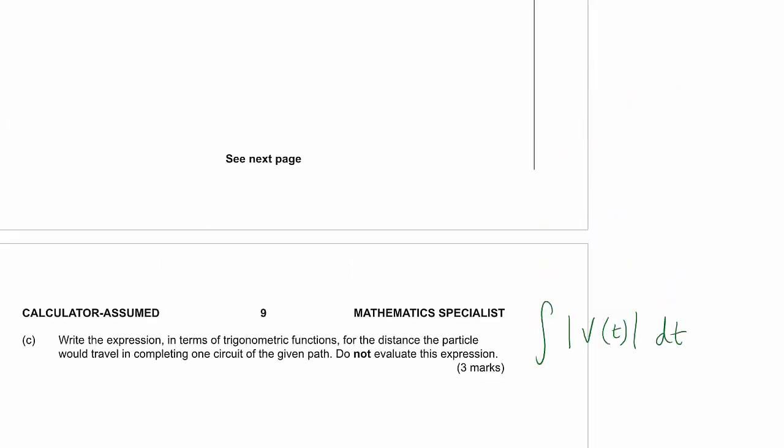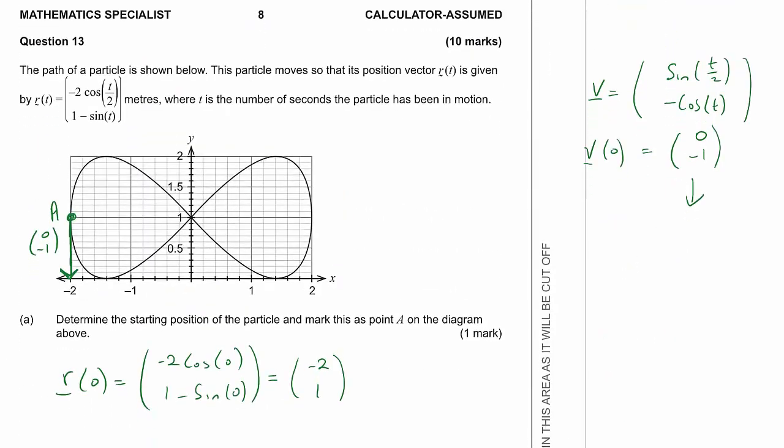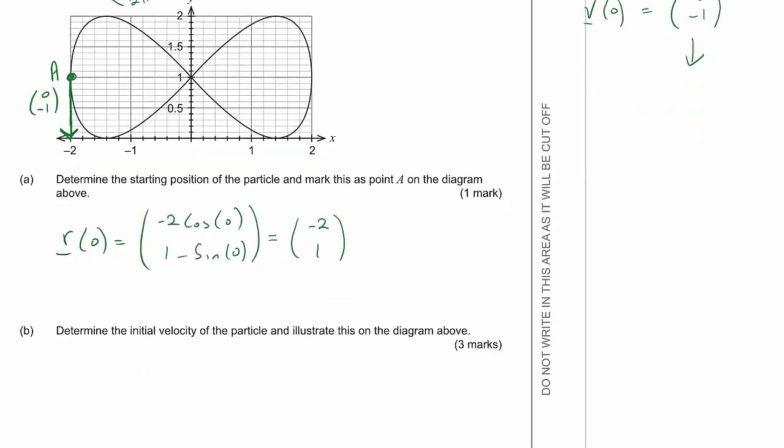So, what's going to be the period? For the y component, because of the sine here, it's just 2 pi. But because of the t over 2 here, it's going to be 4 pi. So to completely go around the circuit, it's going to be 4 pi.